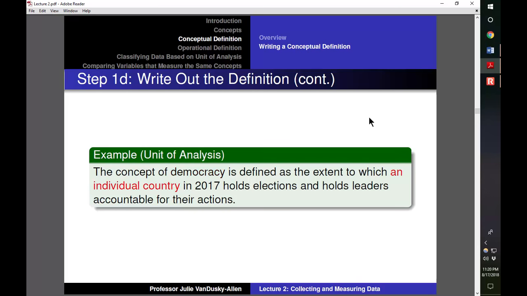Democracy is our concept. An individual country in 2017 is the unit of analysis, and holds elections and holds leaders accountable for their actions is the measurable properties.